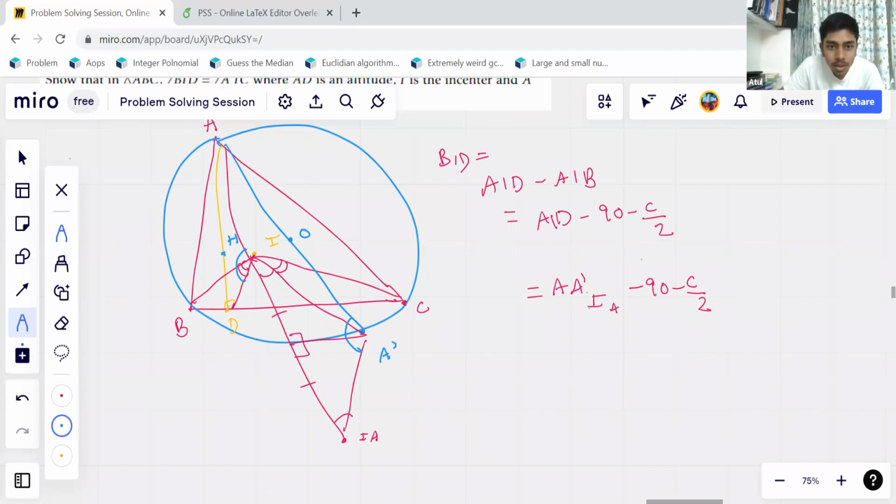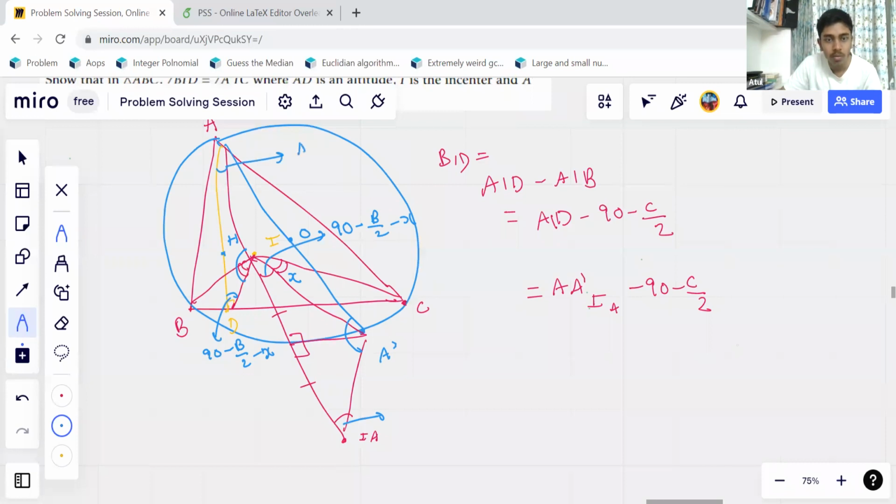Okay, we will do the dumbest thing possible. Let's suppose this is X. Then this is 90 minus B by 2 minus X, and that's equal to this, and that's equal to this. I think. And we know this angle.